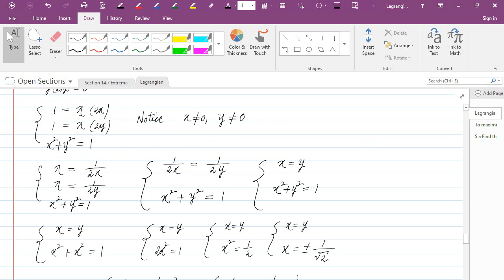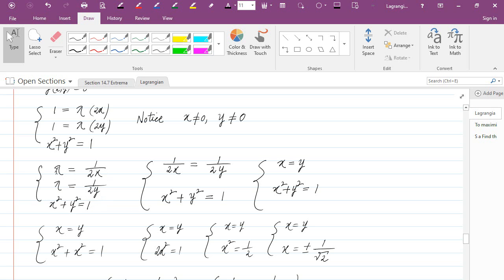Okay, so because x and y are not 0, from the first equation we can solve for lambda, and we get that lambda is 1 over 2x. From the second equation, we get that lambda is 1 over 2y. Again, we can divide by x because x is not 0, and we can divide by y because y isn't 0.